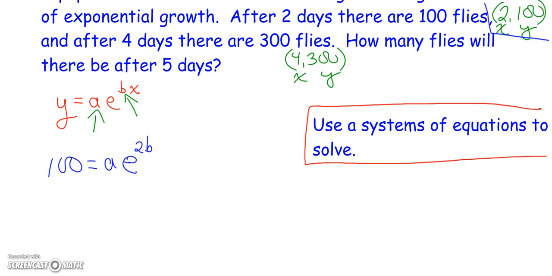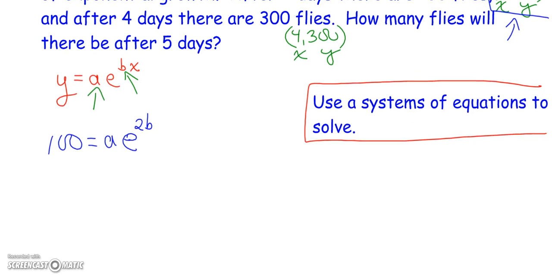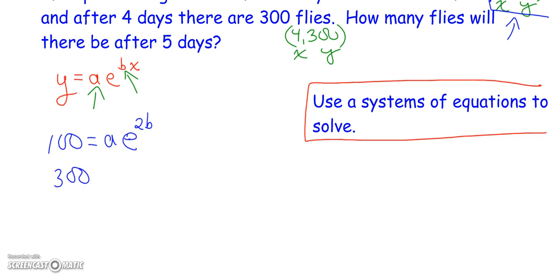So I got all of that from this first coordinate. That's our first equation in our system of equations. I'm now going to come up with a second equation, and it's going to be 300 equals a e to the 4b. Now that I have a system of equations, I can use substitution to solve this.